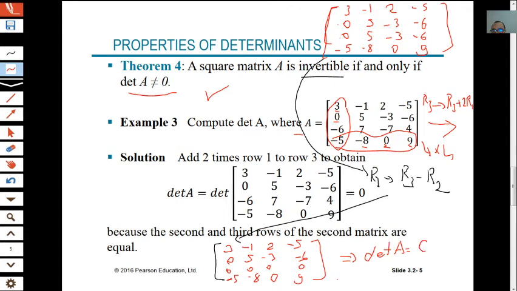So the determinant is equal to 0 because we have the 0 row here. All entries are equal to 0, and according to the formula, we write the entries in the multiplication for each term, which means that the determinant is equal to 0, which means that the given matrix A is not invertible.